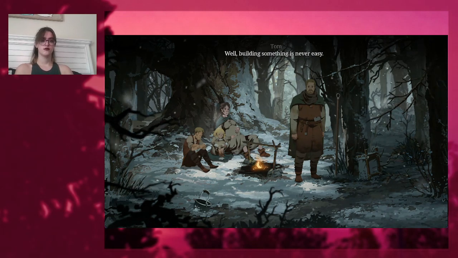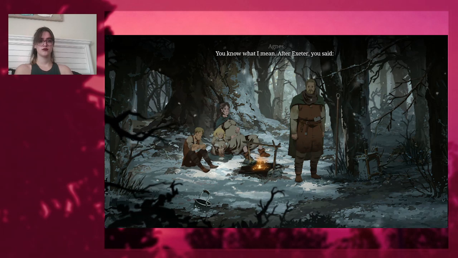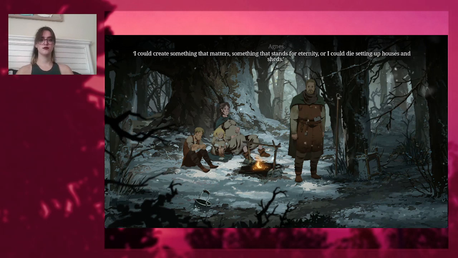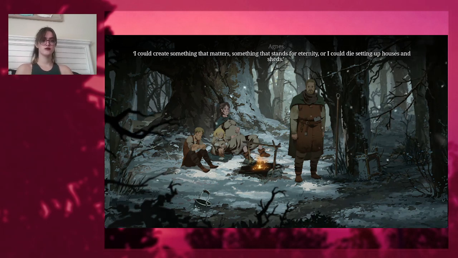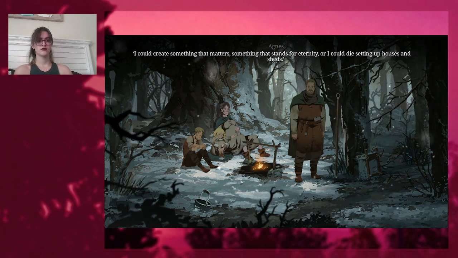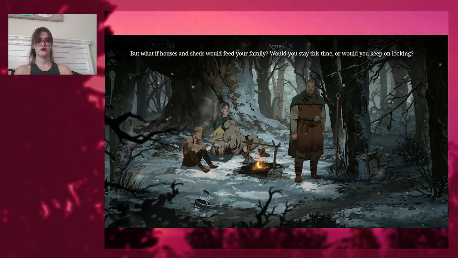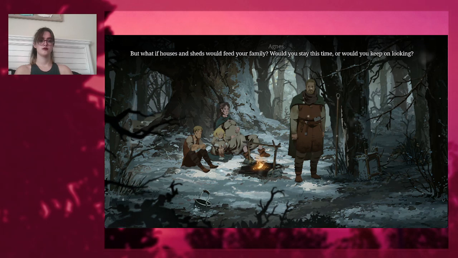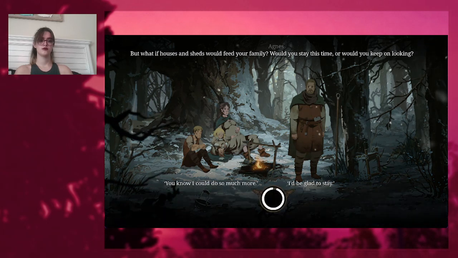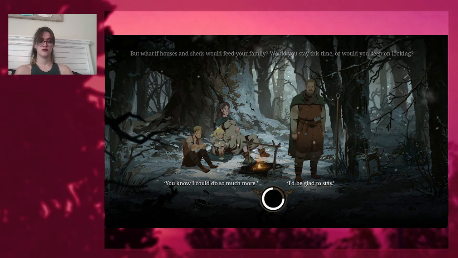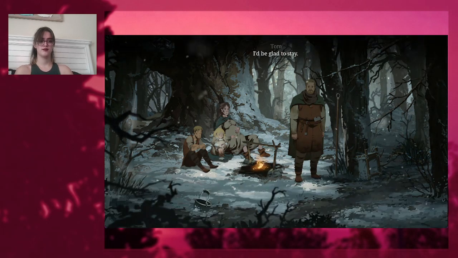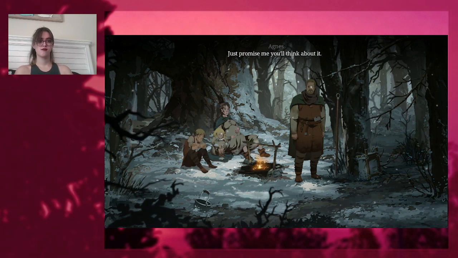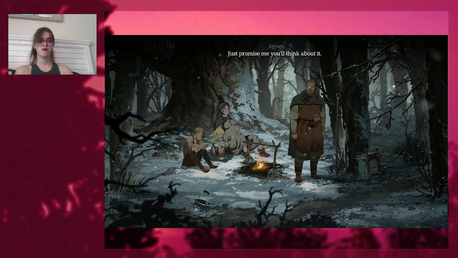Well, building something is never easy. You know what I mean. After Exeter, you said I could create something that matters, something that stands for eternity, or I could die setting up houses and sheds. But what if houses and sheds would feed your family? Would you stay this time, or would you keep on looking? I'm a family man. I'd be glad to stay. Would you now? Just promise me you'll think about it.